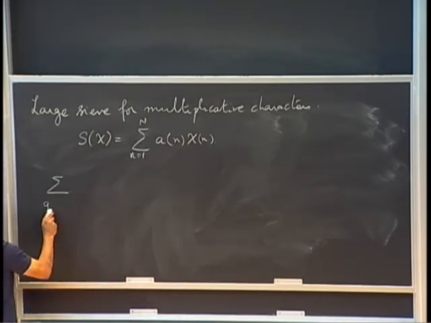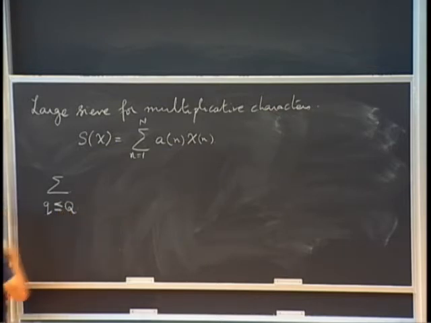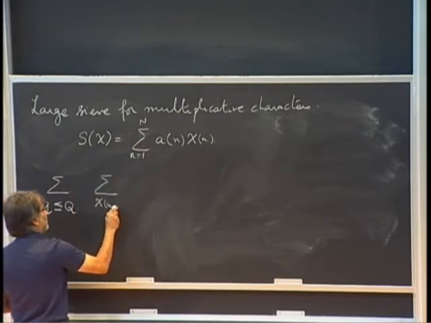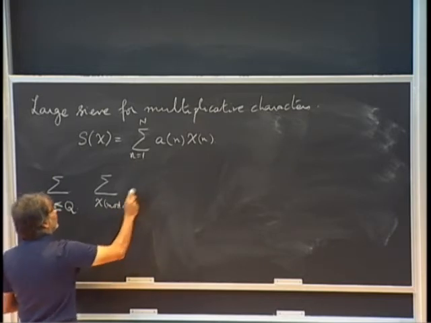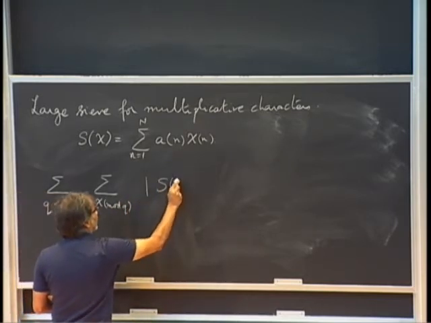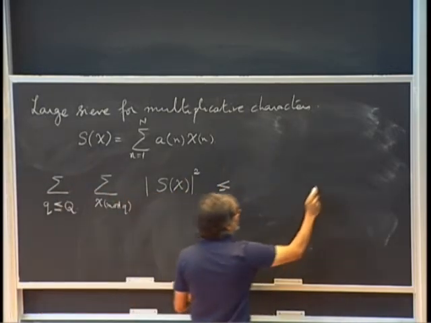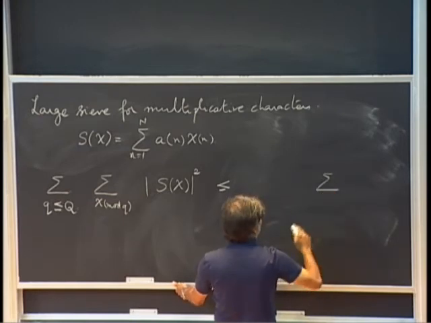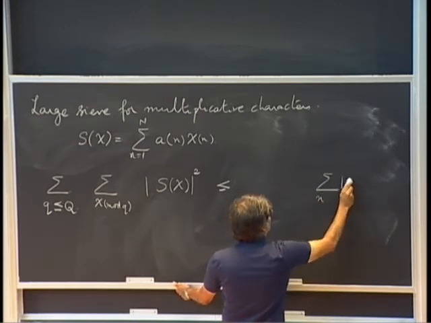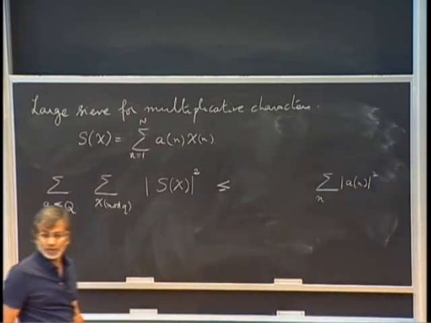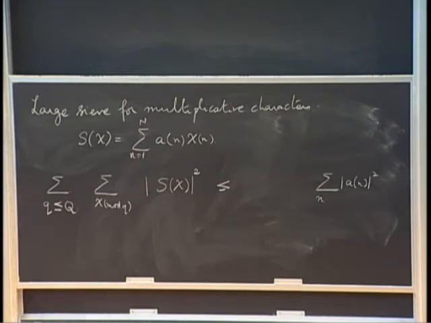I'm going to sum over all moduli q up to Q, and then sum over all the characters chi mod q, and then sum something like |S(chi)| squared. And then I want a bound for this in terms of the sum over all n of |a_n| squared. Okay? So this is a little bit like this inequality that we wrote down here.